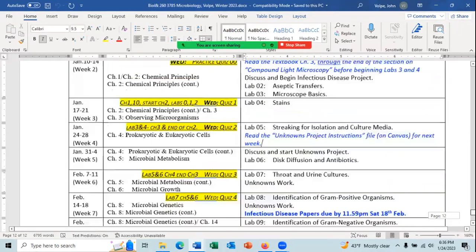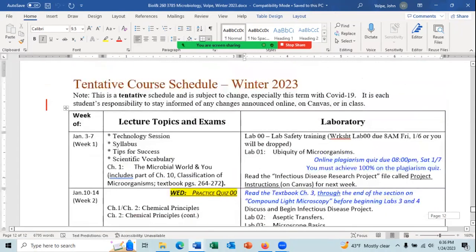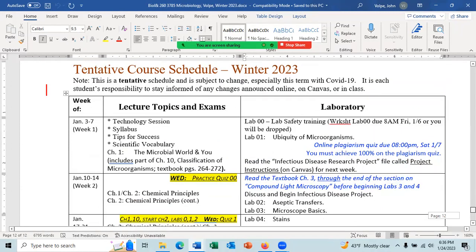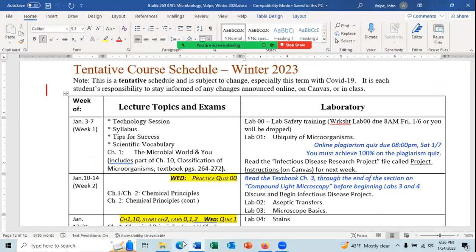It's a 75-point project. It's all going to be done online, but you're going to be given a bacteria number, which is going to represent a bacteria species. Then you're going to try and identify the bacteria species by running specific tests.